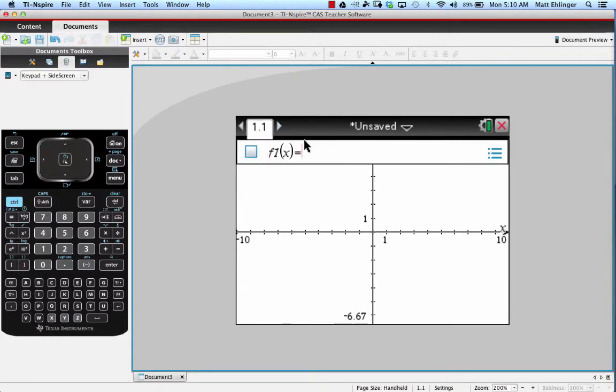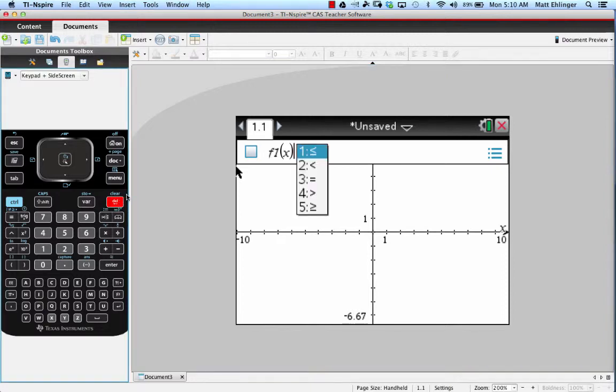When our graph page opens up, we have our standard function entry window here. But this time we don't want it to graph functions for us. We want it to actually graph an inequality. So here's how we do this. We've got our blinking cursor in there. Let's just do a delete or backspace. When we do that, it deletes the equal sign and asks what we want in its place. This is how we get our inequality.